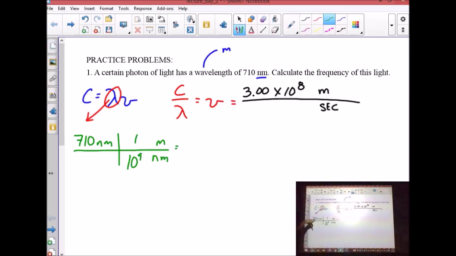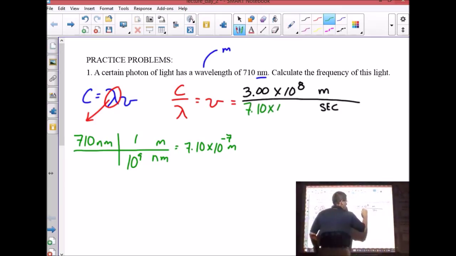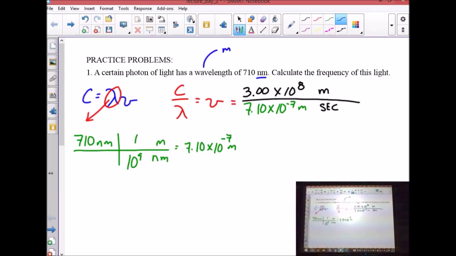So when I multiply 710 times 10 to the -9, that gives me 7.1 times 10 to the -7. Is that right? 7.1 times 10 to the -7. Okay, so we'll plug that in, and that's meters, again showing our units.